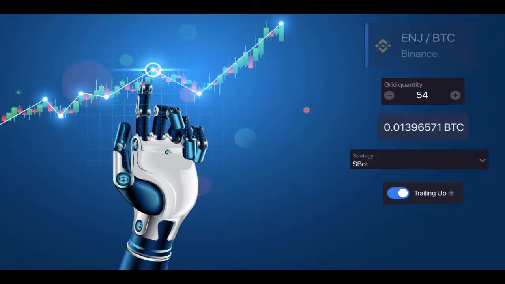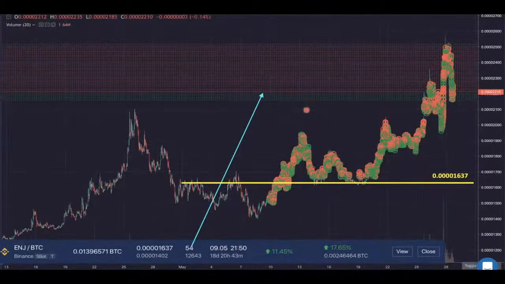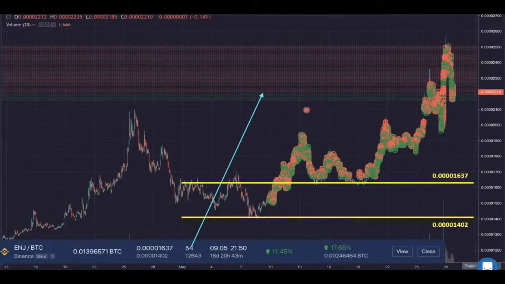And here's the example of ONG trading to Bitcoin. That's an actual trade that I had. You see that my trading range was initially defined by this zone, represented by these yellow lines. And I had my trailing up feature on, so that means that as soon as the price breached the resistance line over here, my trading range started to follow the market, and that's why you see all of these circles on this upside momentum.